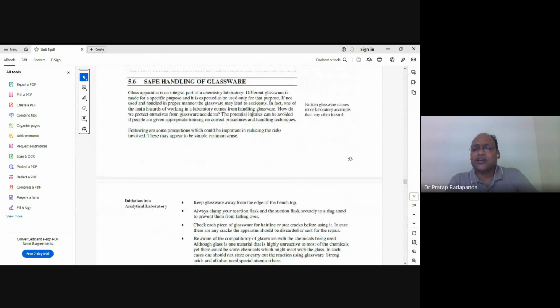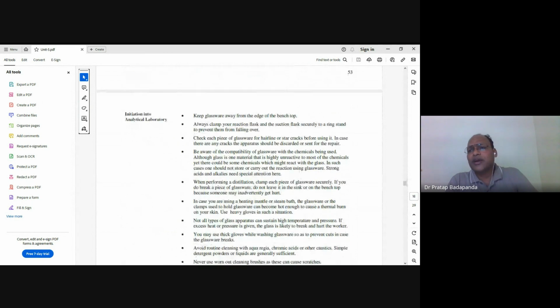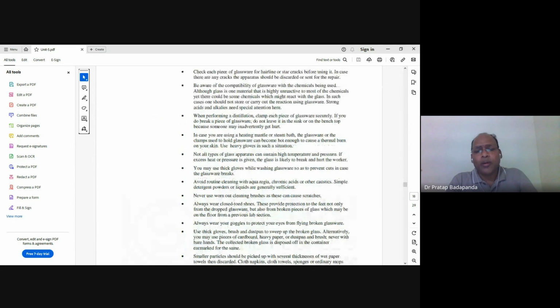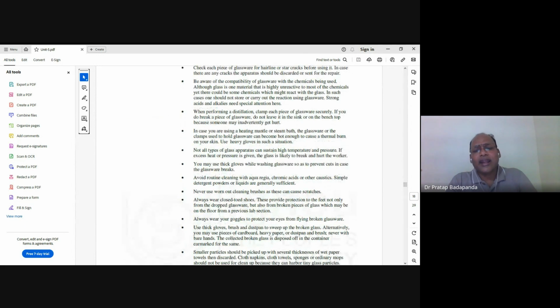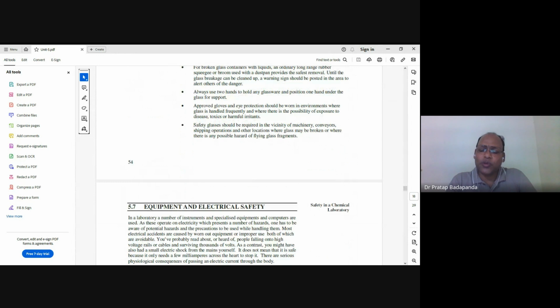Glassware has sharp edges, and hot glassware as well as normal glassware look the same to the optical nerve, and by seeing, both show no change. So that's why you should be careful, and glassware should be properly cleaned. These are all the precaution steps before doing any kind of experiment.